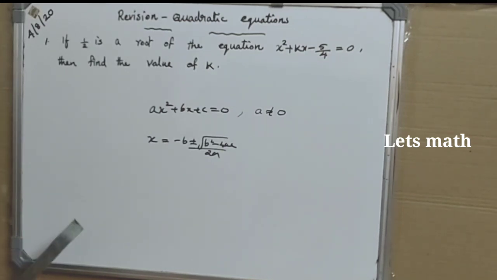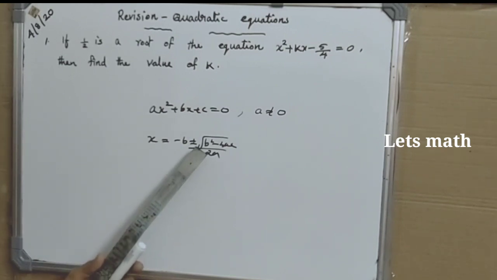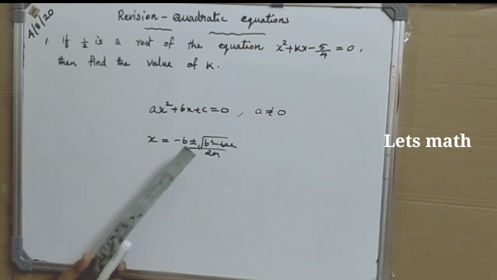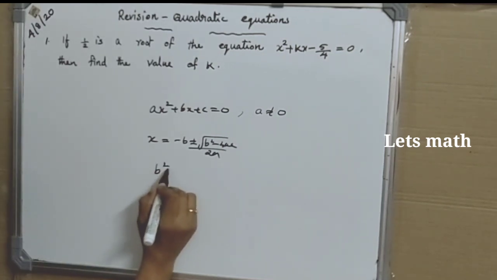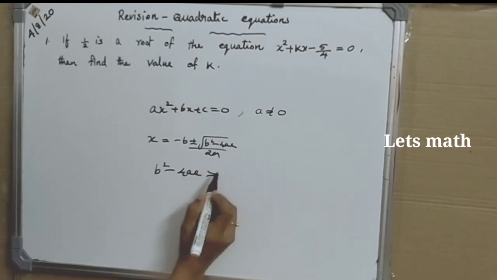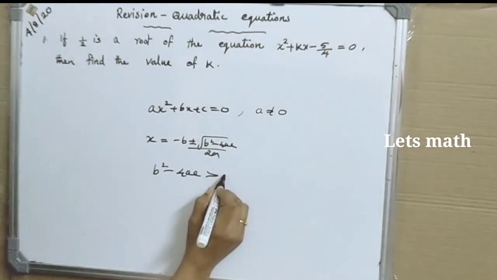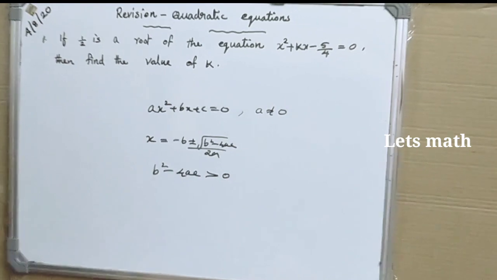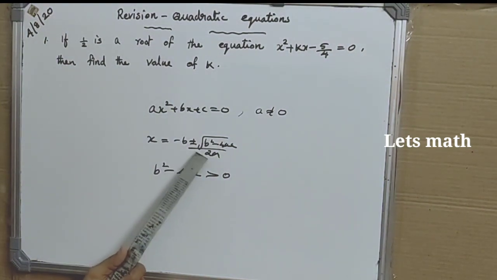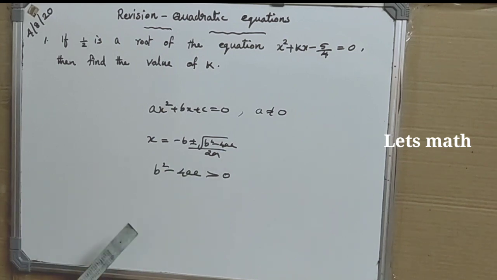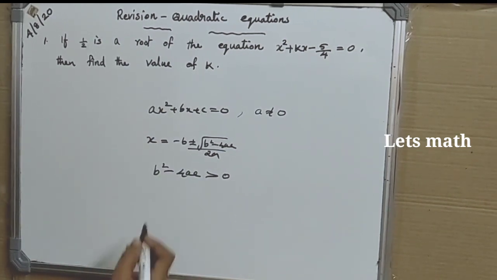Now looking into the value of b square minus 4ac, we can predict the nature of the roots. We have studied three different conditions. If b square minus 4ac is greater than 0, the given quadratic equation has two distinct roots.